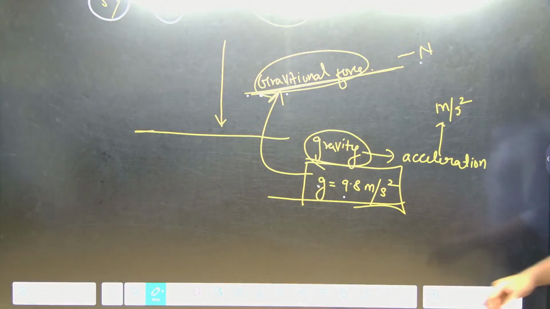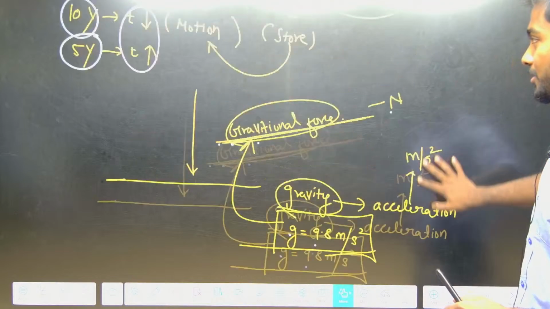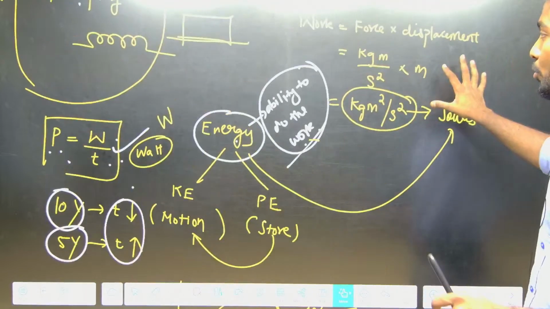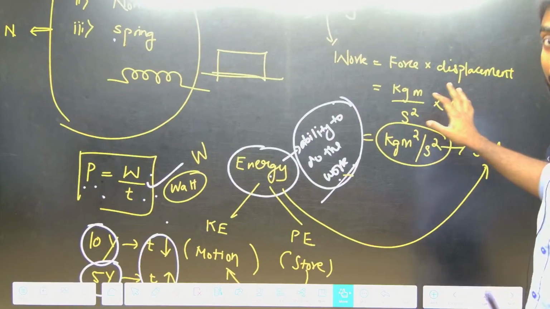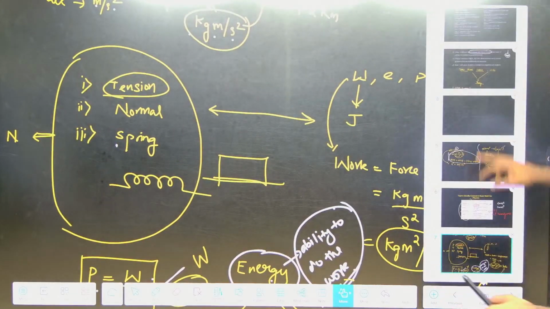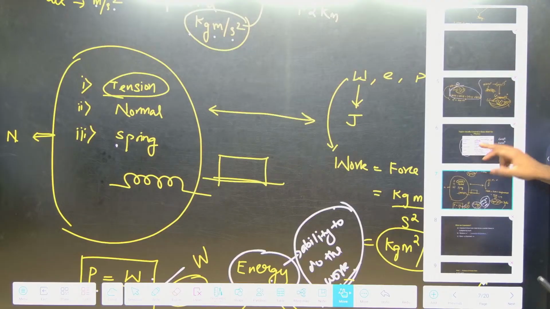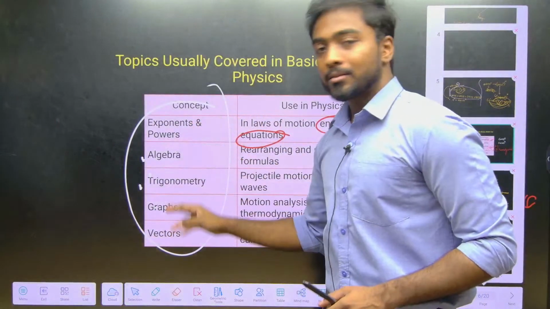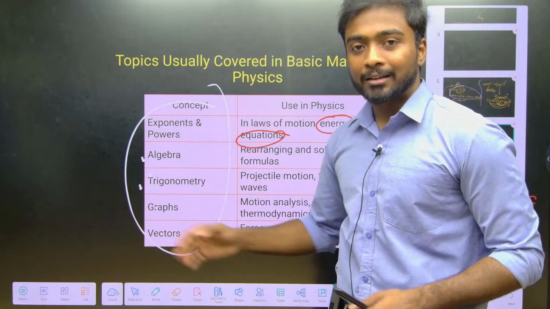So this is about the first class: we need to know some units and why units are important. We will talk about exponents and powers, algebra, trigonometry, graphs and vectors in the upcoming sessions.